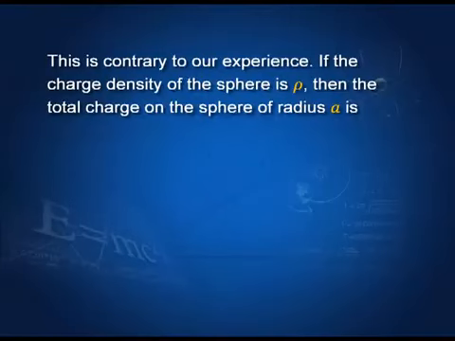There is a symmetry, and therefore Gauss theorem can be applied. If the density of the charge inside the sphere is rho, then the total charge on the sphere is volume times rho, that is 4 pi by 3 a cubed rho.